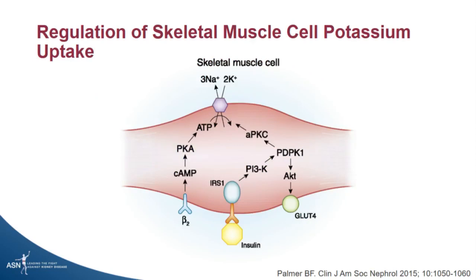The regulation of potassium uptake by muscle, by insulin, and by beta-adrenergic stimuli actually occur via separate pathways.